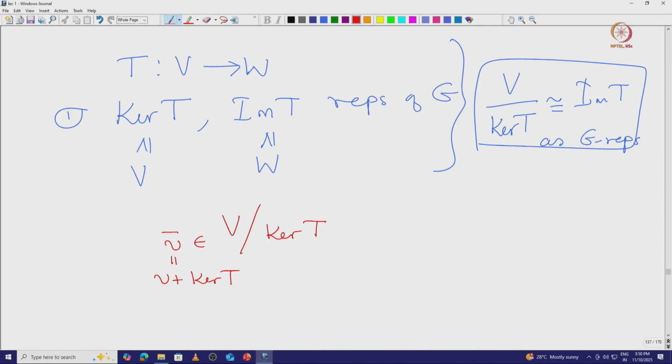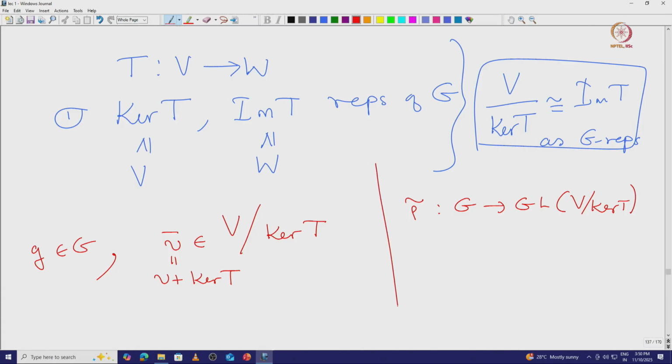kernel of T, and then given an element g in G, you want to define this induced representation. Let us call it rho tilde from G to GL(V modulo the kernel of T).